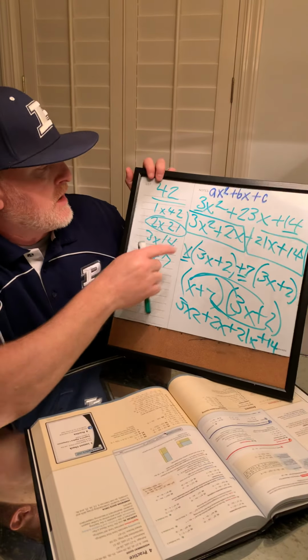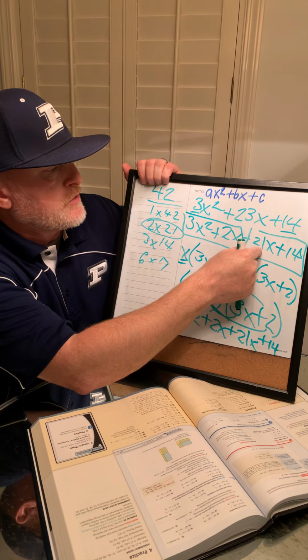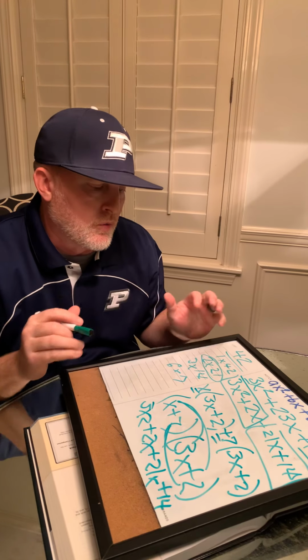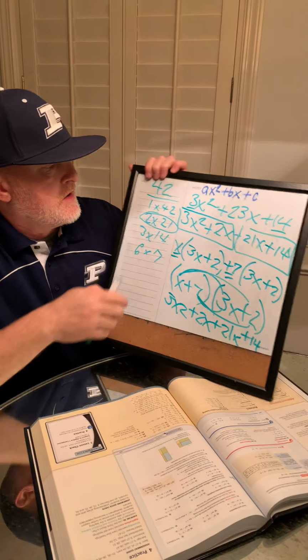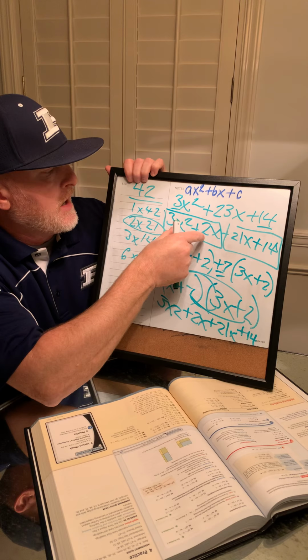So we represent it as a sum instead of just that single b term. Like here in our last example, instead of 23x, we did that as 2x plus 21x using our two factors. And then once we write that as the sum, we've now got 4 terms, 3x squared plus 2x plus 21x plus 14, and then we pair those up.